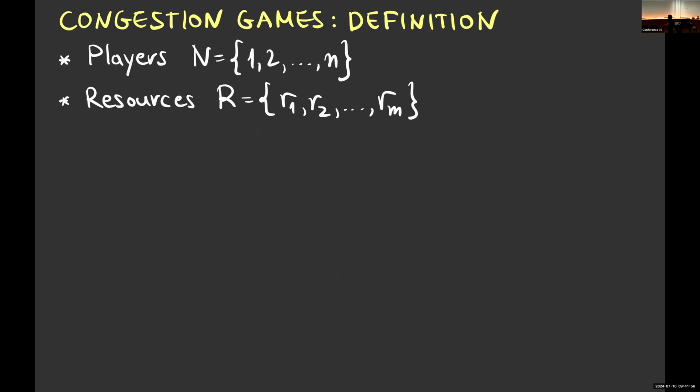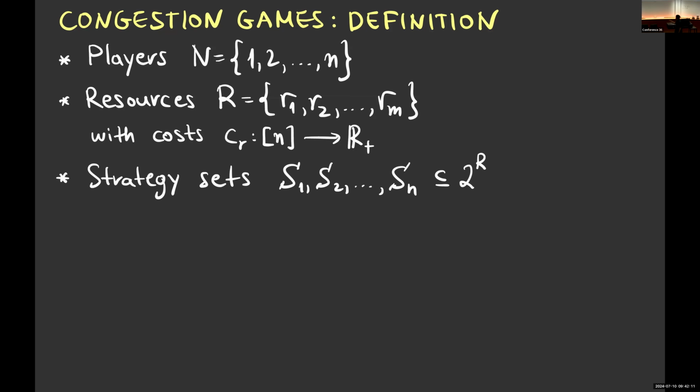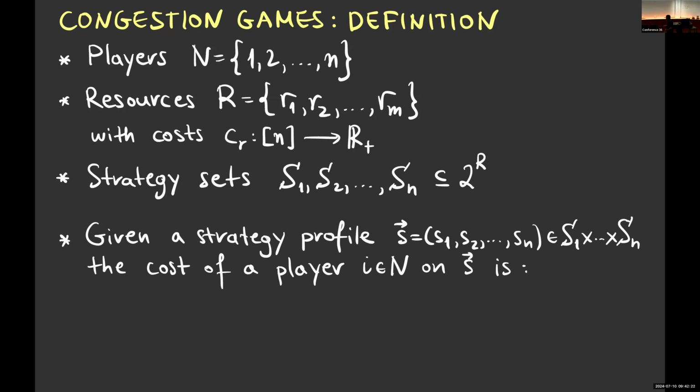And here is the more formal definition of a congestion game. We have a set of players, m resources. Each resource has a cost function that takes as argument an integer from 1 to n, representing how many players are playing this resource. And we get a non-negative cost. Strategy sets, okay? Each player has a strategy set, which is a collection of resources, then the power set of the resources. And what's an outcome of the game?